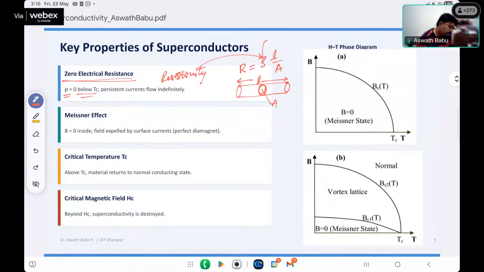A key property of a superconductor is that the resistivity itself goes to zero, rho is going to zero. The Meissner effect, we just saw earlier: the magnetic field inside the material is absolutely zero, which means magnetic field lines are expelled and not allowed to go inside the material. I have a figure for you, which is a perfect diamagnet.